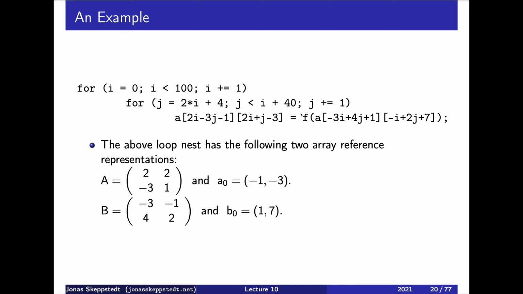Okay, so using matrices to represent them is quite natural and convenient, since now we may be able to create an equation that can be used to determine if there is a data dependence between iterations. And how can we create such an equation?